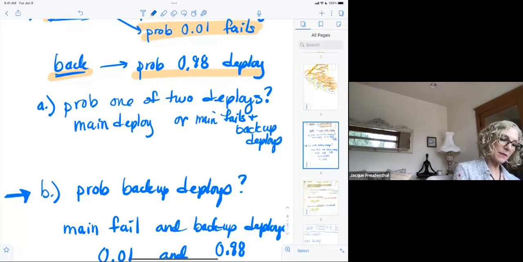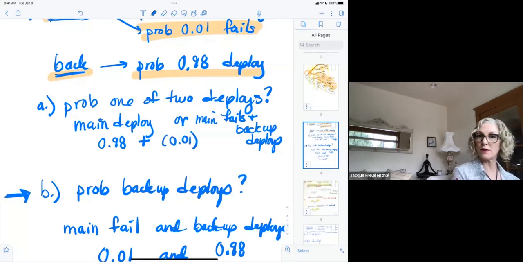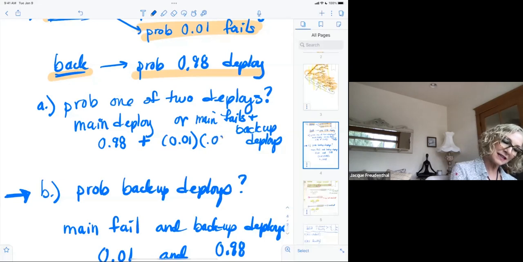So the probability that the main deploys is 0.98, or, so I'm adding that the main fails, which is 0.01, I got that backwards, 0.01, and then the backup deploys is 0.98.